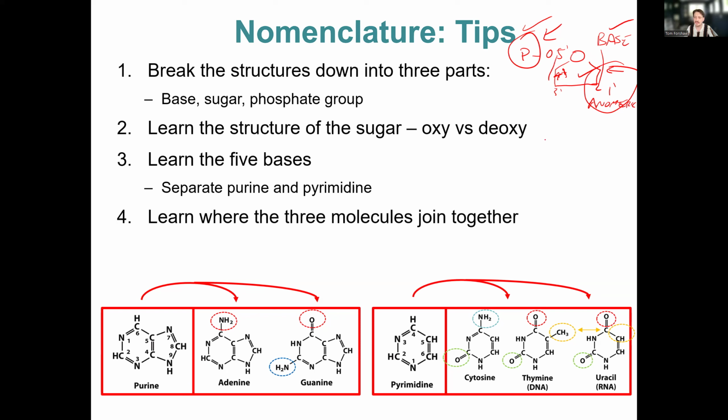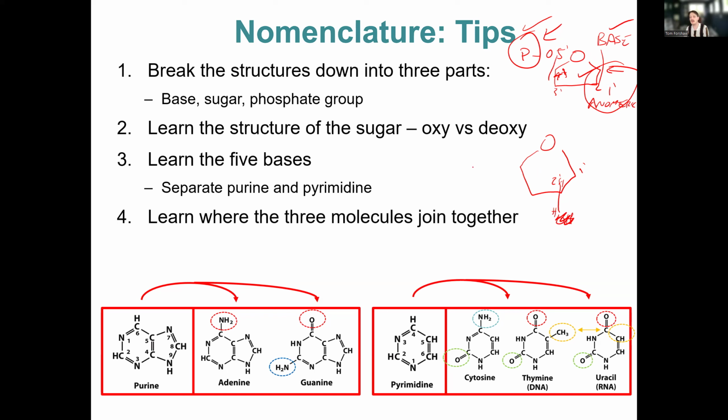So once you've got that, that's the first part. The next part is to recognize in the sugars, at the 2' position, you either have the oxy or the deoxy.